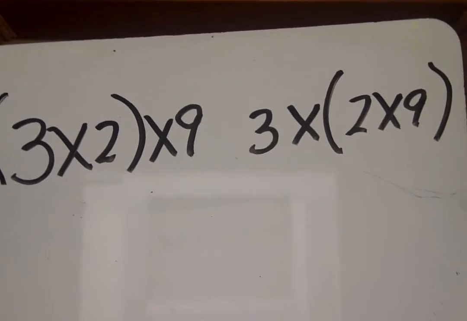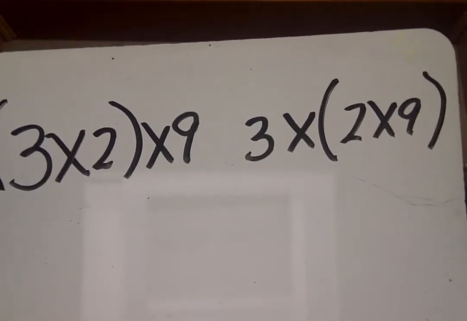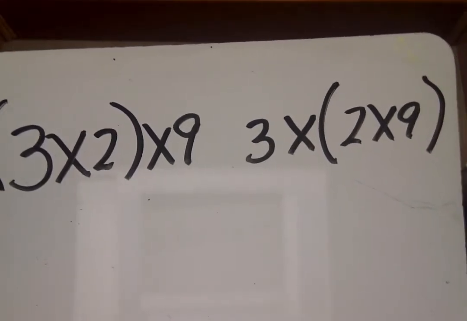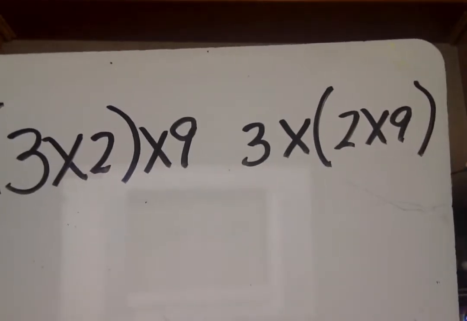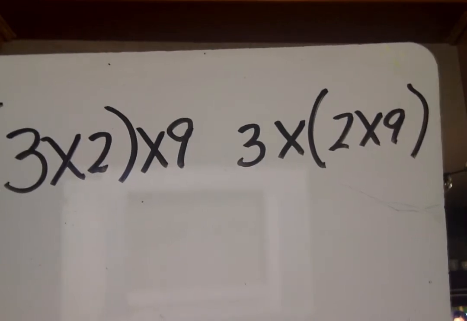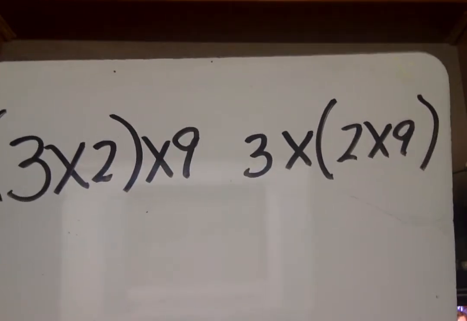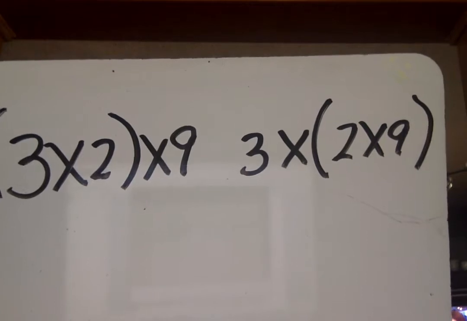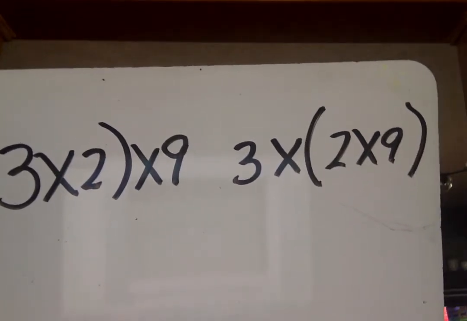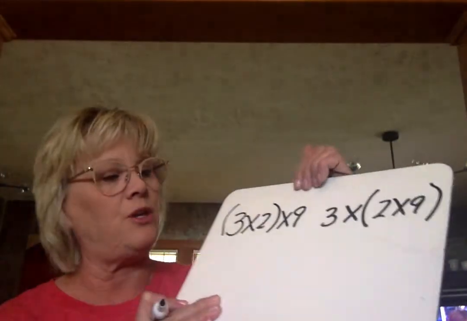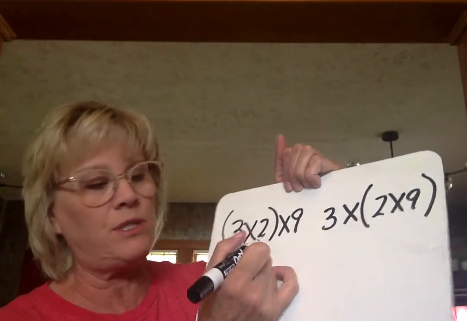What is the same about these two problems? Right, the factors are the same. What is different? The order in which we're going to multiply the factors. And what do the mathematicians call this an example of? Associative property of multiplication.